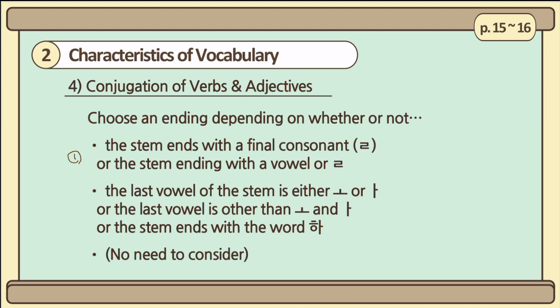One type depends on whether or not the ending of the syllable right before 다 has a final consonant other than 리을, or ends in a vowel or the consonant 리을. Another type is dependent upon whether or not the last vowel of the stem is either o or a, or the last syllable of the stem is ha.